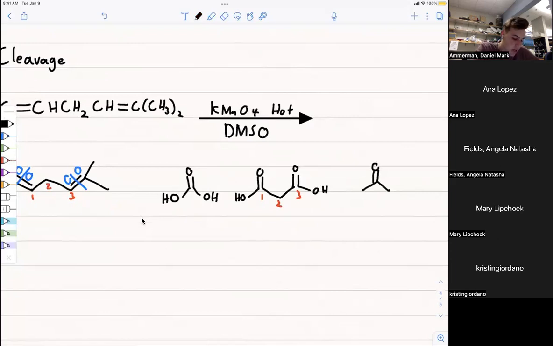And this one's gonna stay a ketone because it has carbons on both sides, and you'll learn this in Orgo too, but those oxidizing agents won't take off hydrogen or carbons because they're not good leaving groups. And then you can just write plus in between all of them, and that's our answer to that.